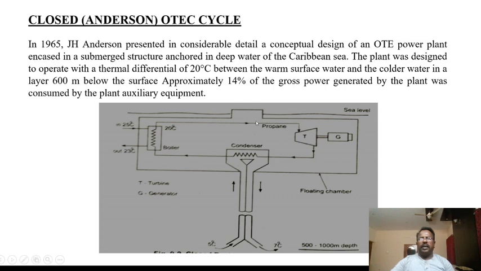When the saturated propane vapor hits the turbine, the turbine rotates. When the turbine rotates, the generator shaft also rotates, because these two are interlinked.